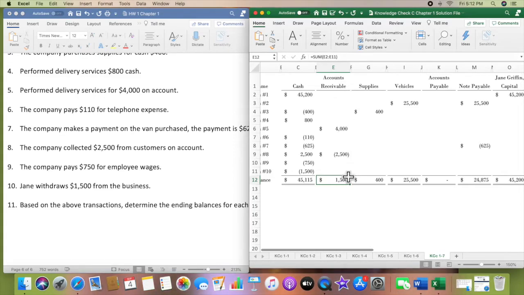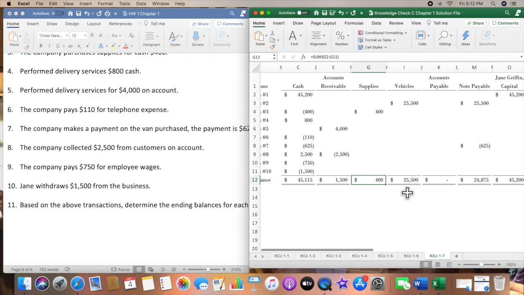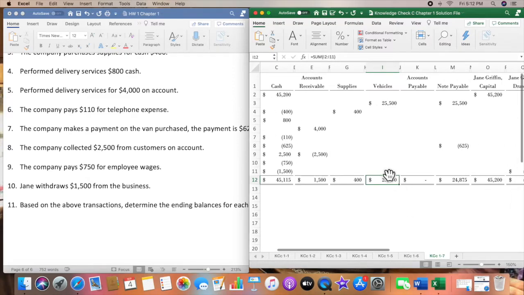We do the formula and we get $1,500 under accounts receivable. Our supplies are worth $400. Our vehicles are worth $25,500.